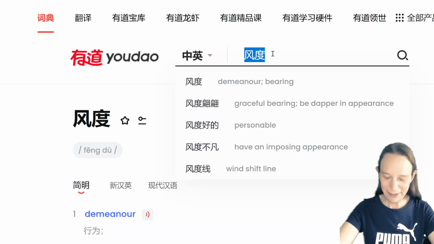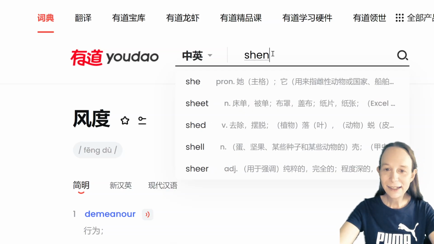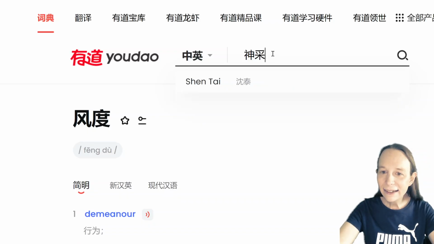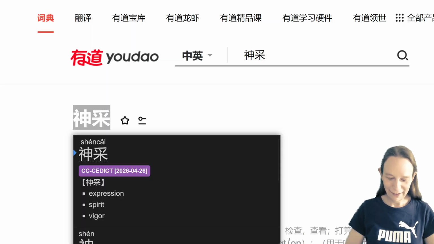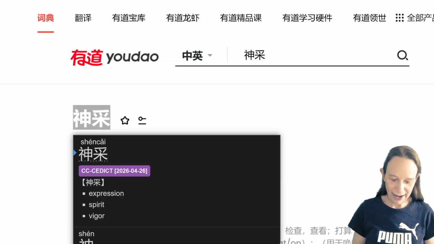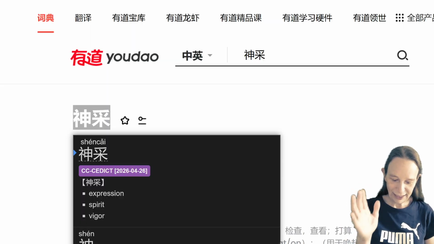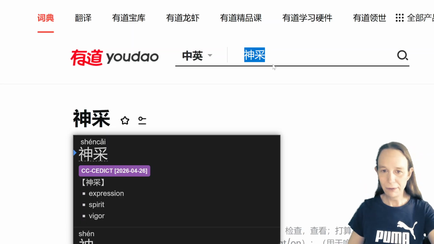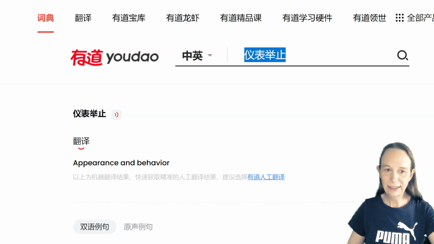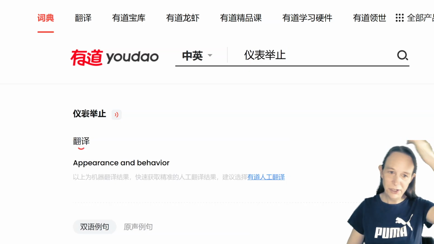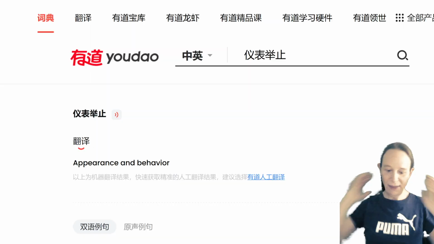It's very unspecific. 神采. Apparently this is a word. Expression, spirit, and vigor. Okay. 指一个人美好的仪表举止. 仪表举止, so their appearance and behavior.